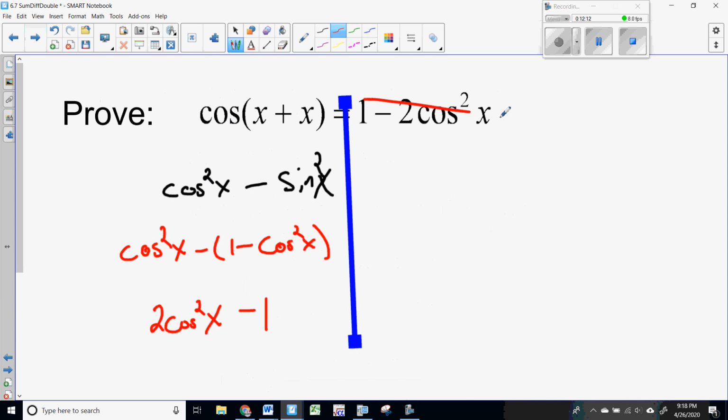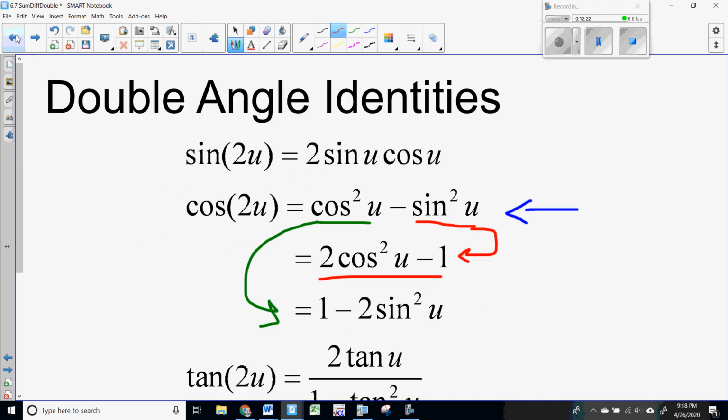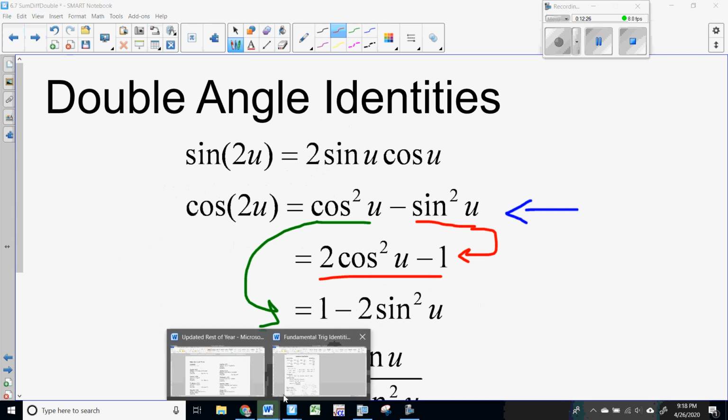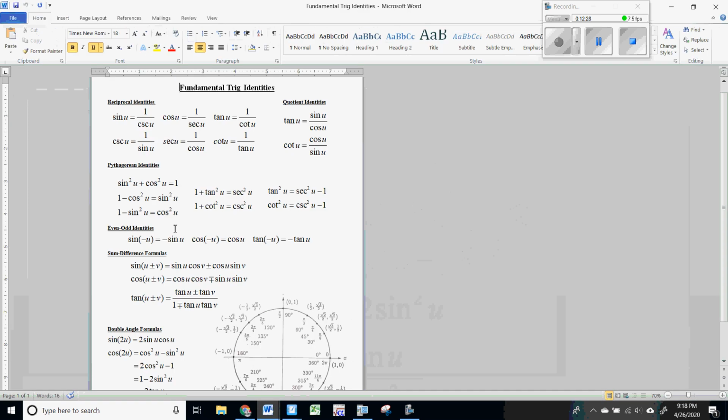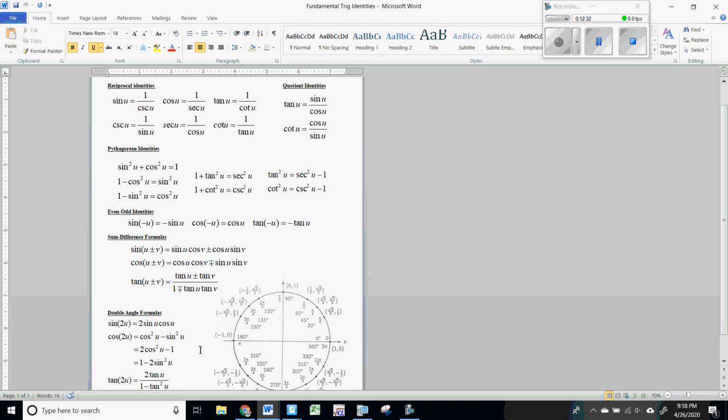That's actually incorrect there. This should be 2 cosine squared minus 1. I had it written down wrong there, and the identity was written correctly back here, also on our fundamental trig identity formula sheet.